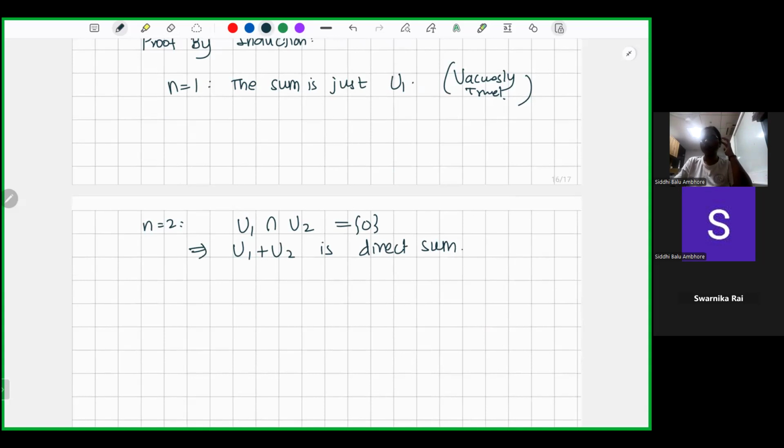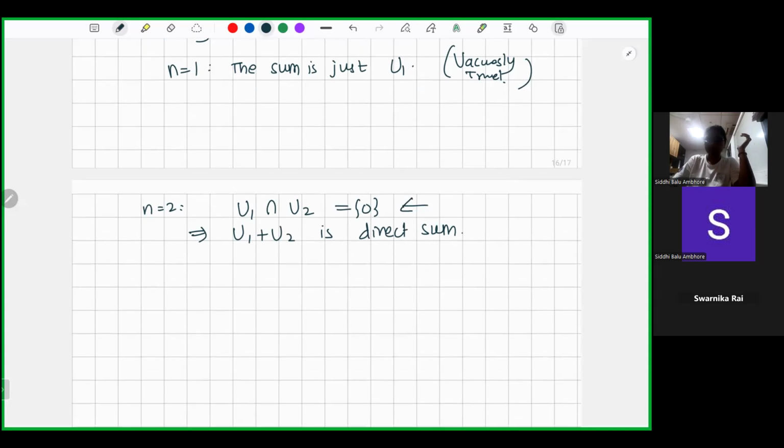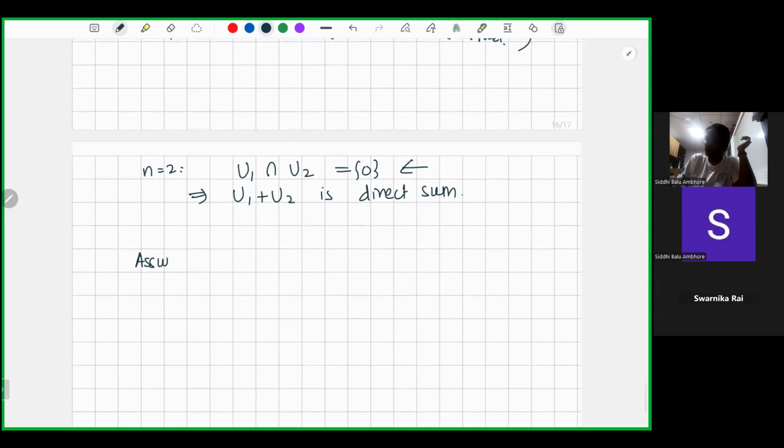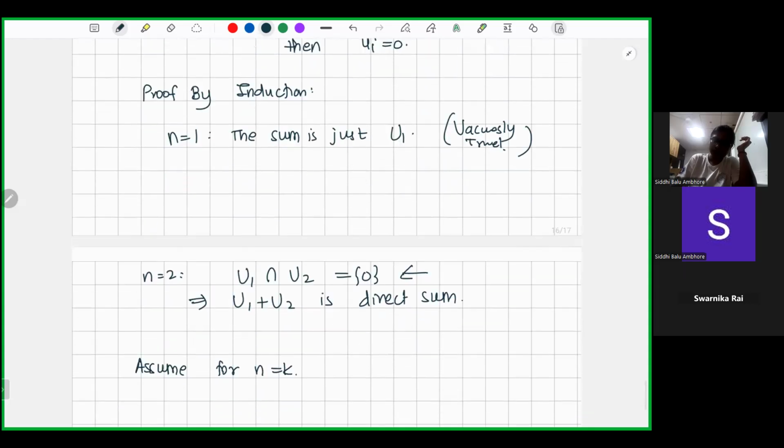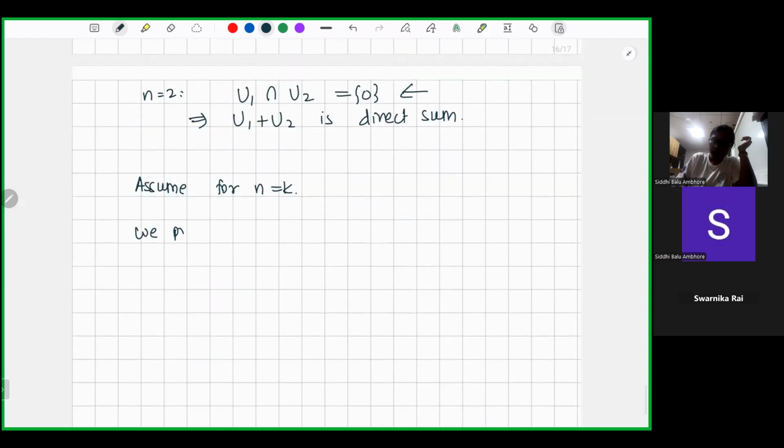To show that u1 plus u2 is a direct sum, all we need to show is that u1 intersection u2 is 0, but that's what the hypothesis is for the n is equal to 2 case. So now suppose, assume for n is equal to k, and we prove for k plus 1. So this is trivial.